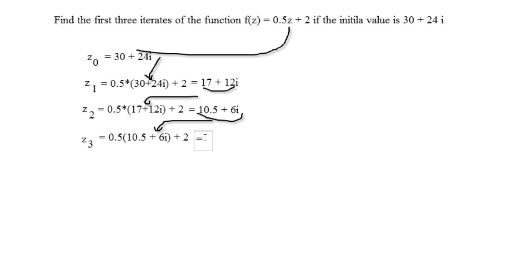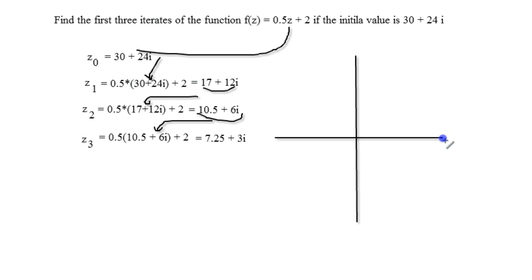And I should get 7.25 plus 3i. Now what I'm doing is the kind of cool way to make a fractal, and fractals are just those amazing designs that you can come up with. I would graph on the imaginary plane: my real numbers would be here, and my imaginary numbers would be using this axis.